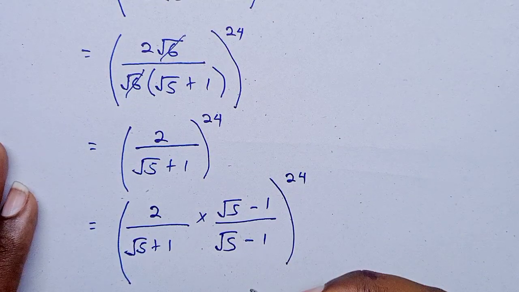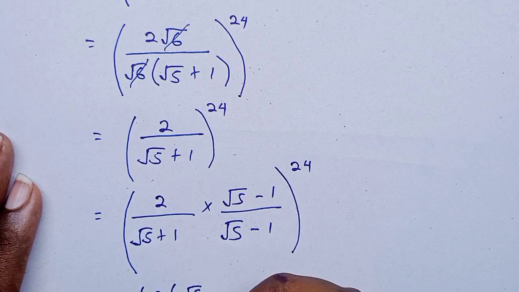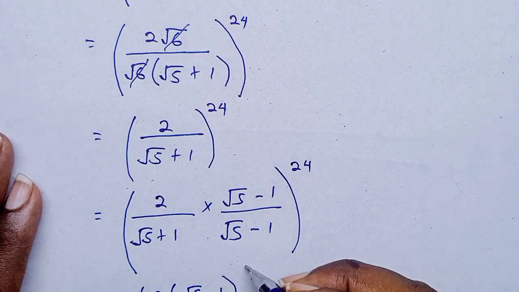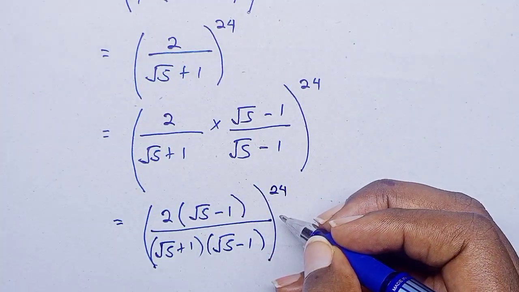This is equals to, so this is the same as 2 into root of 5 minus 1 over root of 5 plus 1 brackets into root of 5 minus 1. All this to power 24.